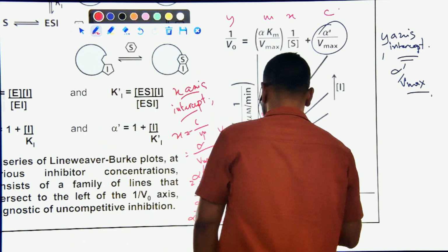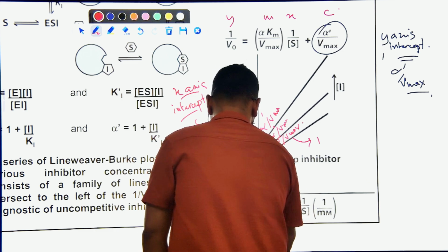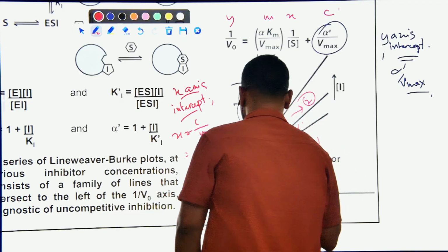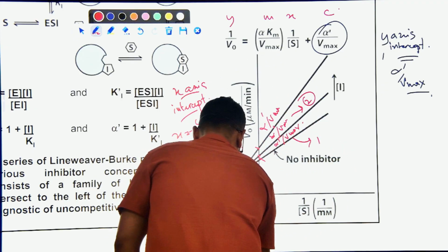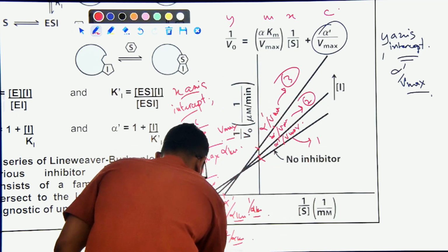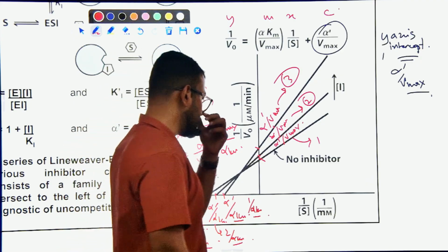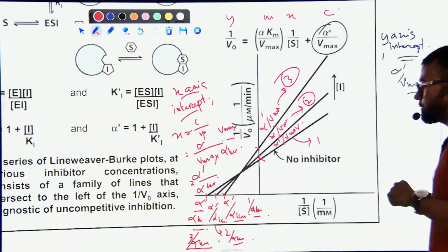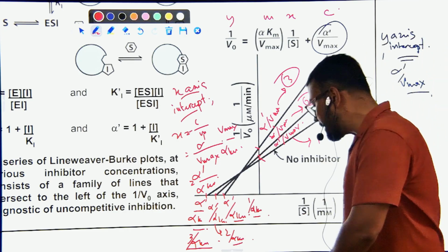If this is 1, then this is 1 by alpha Km. If this is 2, then this is 2 by alpha Km. If this is 3, then 3 by alpha Km. So this is the overall approach when it comes to mixed inhibition.